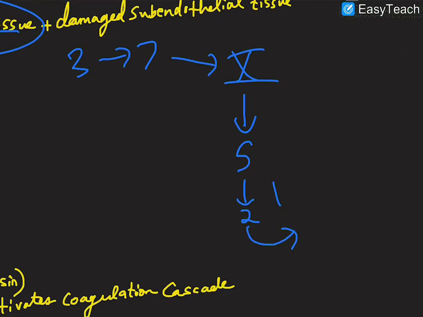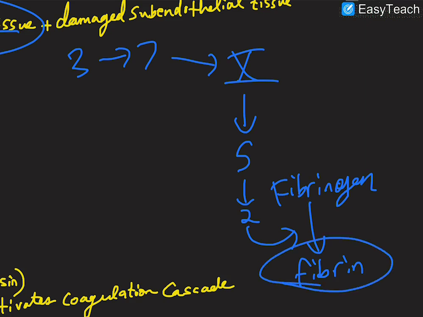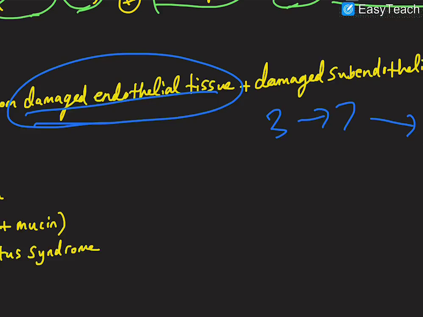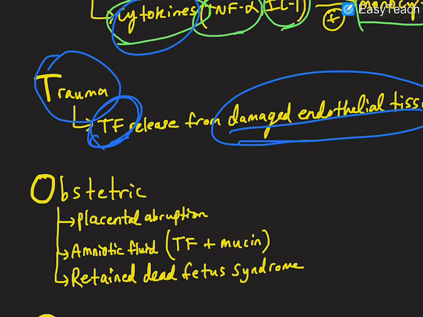You convert fibrinogen into fibrin, which will help stabilize and create that fibrin mesh on the platelet plug from primary hemostasis. So that's how trauma can play a role in leading to DIC.